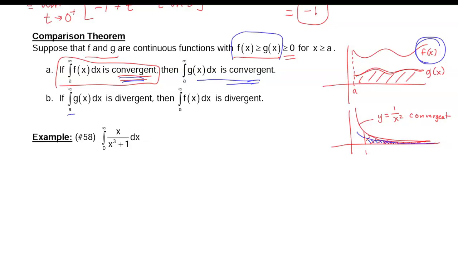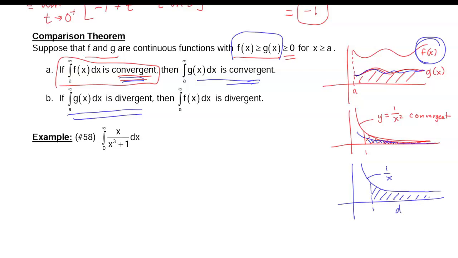Conversely, if g were to be divergent, g is lower down, it's closer to the x-axis. If g is divergent, then of course anything above g would be divergent as well. I will use our other example from earlier on in our notes. Do you remember the function 1 over x? When we started at 1 and took the area going to infinity, we found this to be divergent.